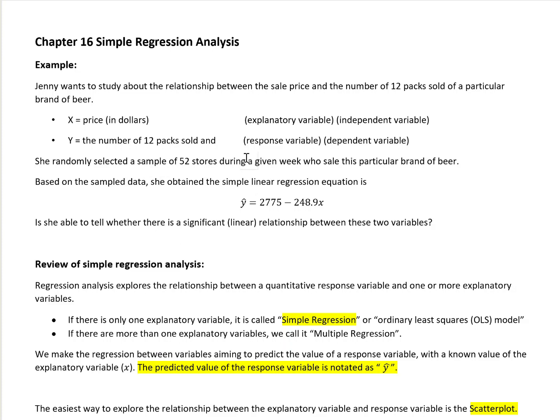We want to study the relationship between the sale price and the number of 12 packs sold of a particular brand of beer. So here we have two variables. The x variable, which is the explanatory variable, is the price of the beer. And the number of 12 packs sold will be the y variable, which is the response variable.